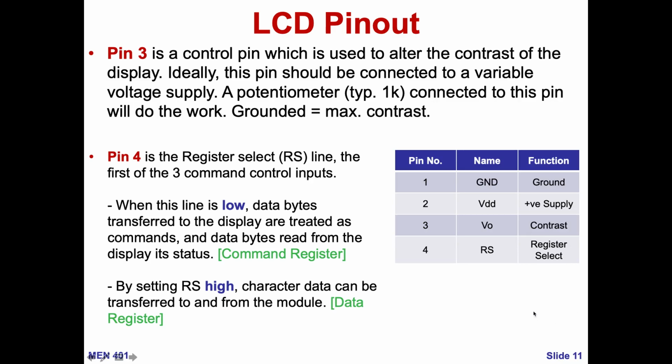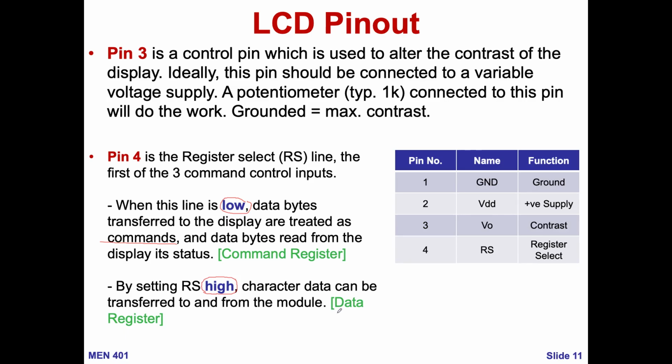So this register select will tell the LCD: if it is low, so it's 0, data transferred to the display are treated as commands. So everything I send to the LCD will be commands, so it will be like programming. However, when this RS is high, so +5 in this case, the data I send to the LCD are data, not commands.